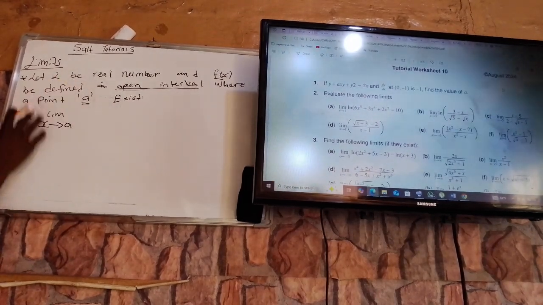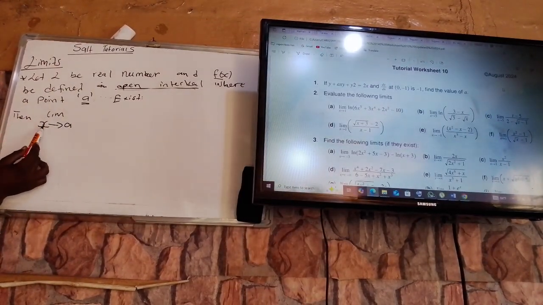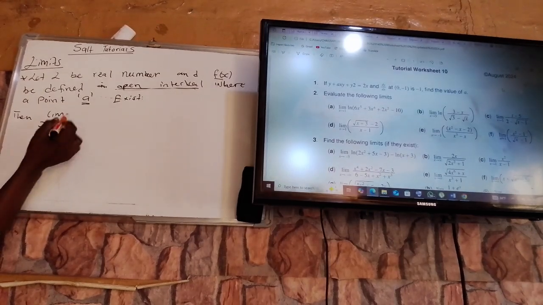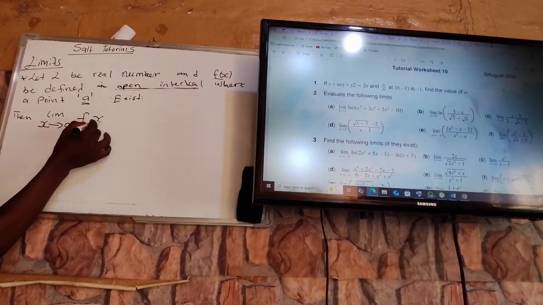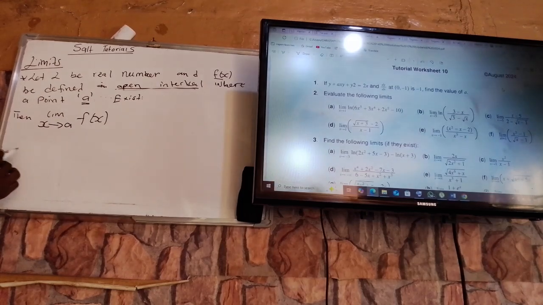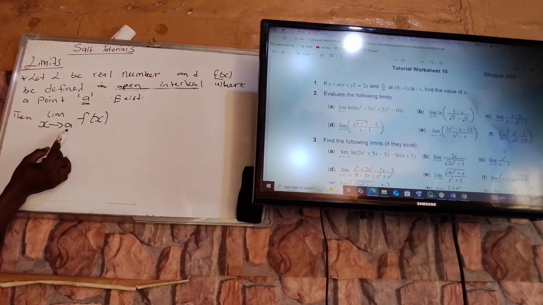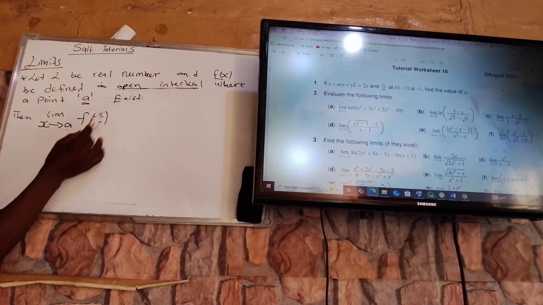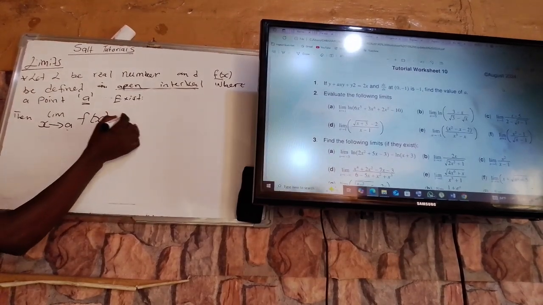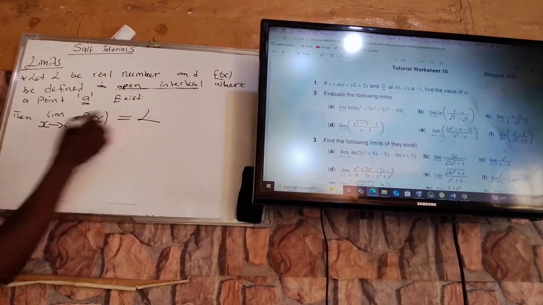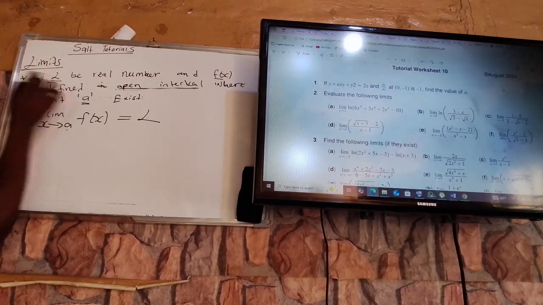So we are simply writing this as the limit as x approaches A of the function f of x. So what is happening here? This whole limit is basically equal to a real number L, which we have defined there.